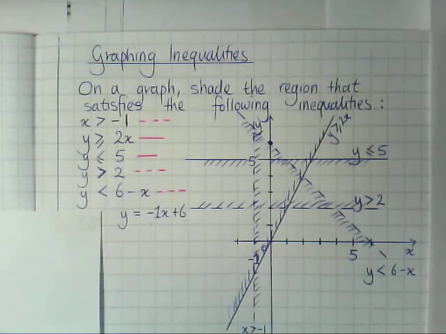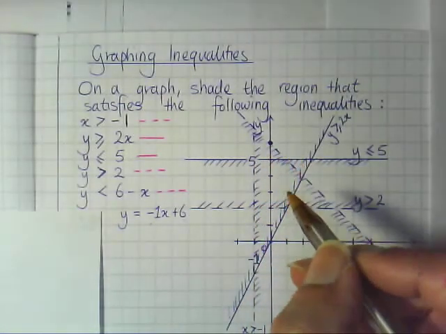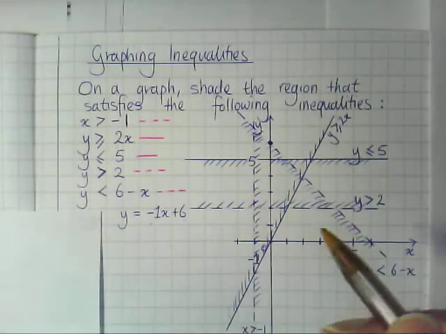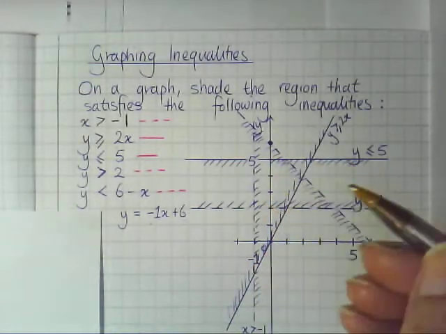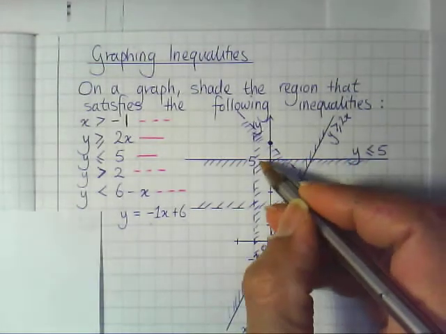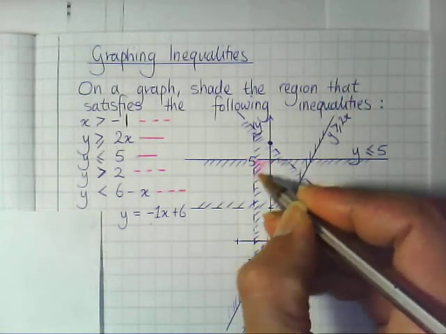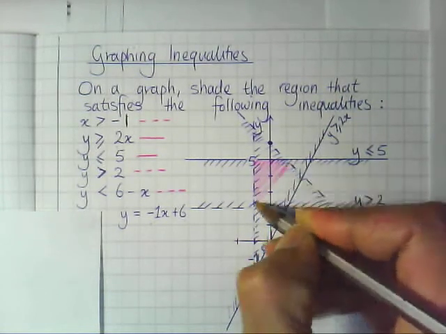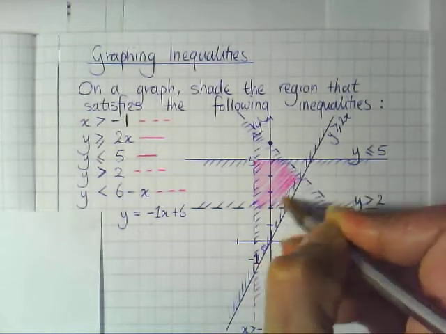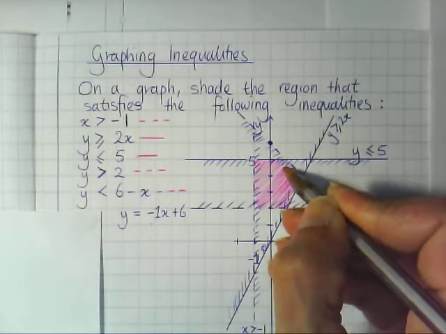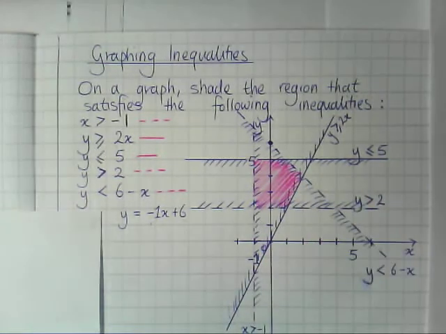Now, when we combine all of these inequalities and look at the overlapping regions, we discover that we have a particular shape that is bound by all of those lines and that satisfies this particular area, and that happens to be that region there.